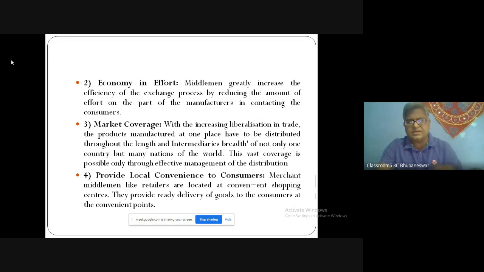Market coverage is also there due to the liberalization and privatization of trade. The coverage can also change, and it gives local convenience to the customer, since middlemen like retailers are located conveniently in shopping centers.